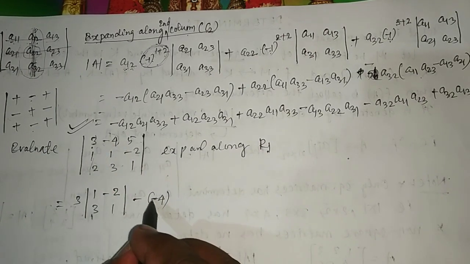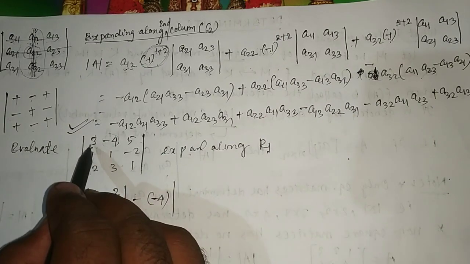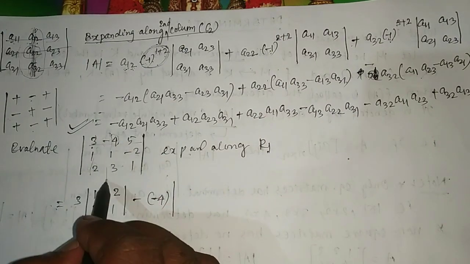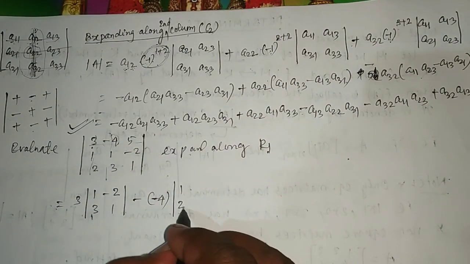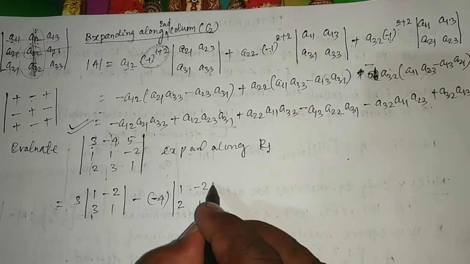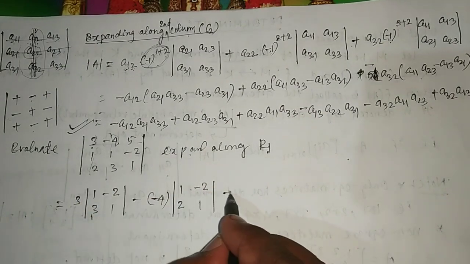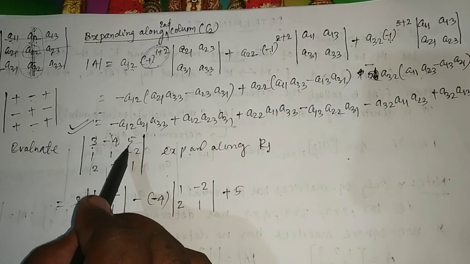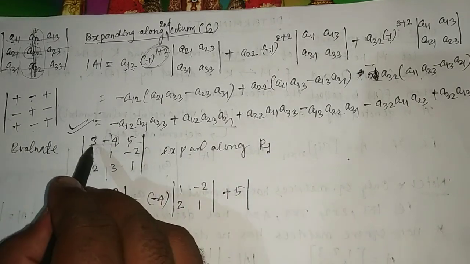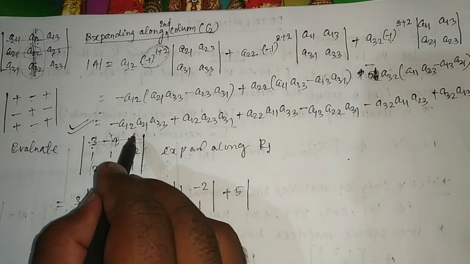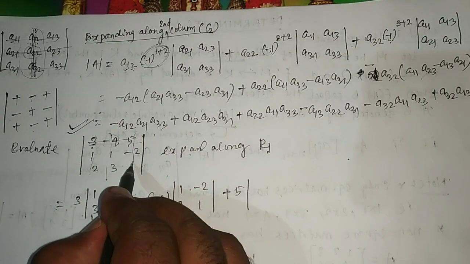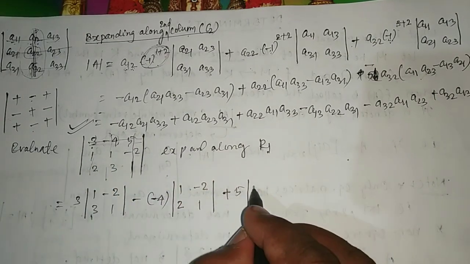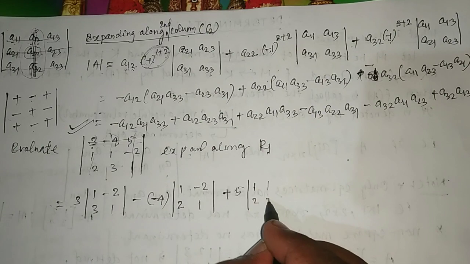Minus 4. Then minus 4 times, eliminating the first row and second column, we get the remaining elements 1, 2, minus 2, 1, and directly put plus here, 5 times the remaining elements by eliminating the first row and third column. Look here, 1, 1, 2, 3.